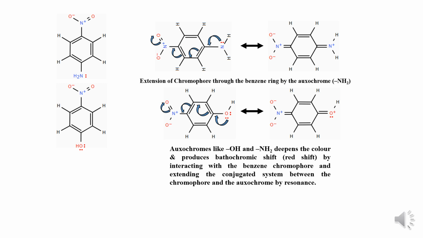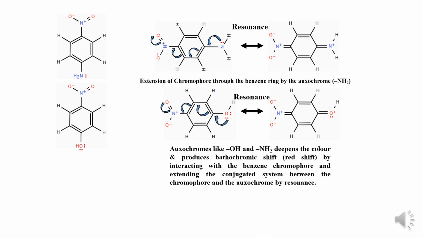So auxochromes like OH and NH2 not only produce bathochromic shift or redshift by interacting with the benzene chromophore and extending the conjugated system between the chromophore and the auxochrome by resonance. At the same time, they also deepen the color. So aniline and phenol both are colorless, but due to the presence of the auxochrome, that is the amino group and the hydroxy group, you can see they are brightly colored.